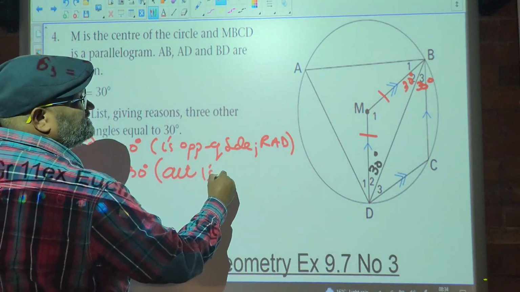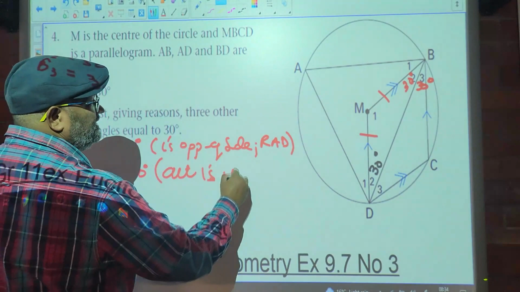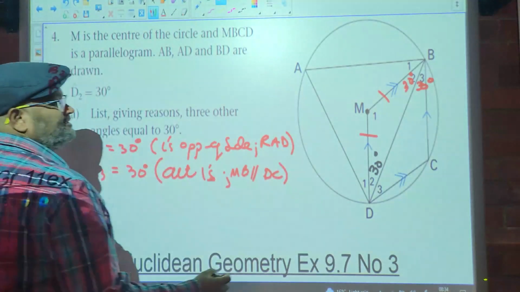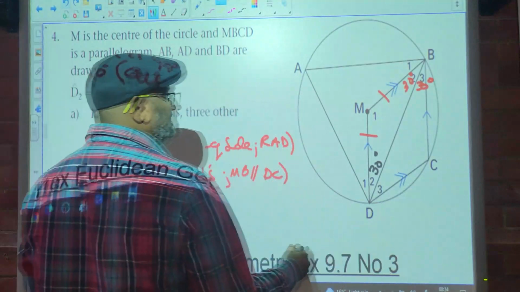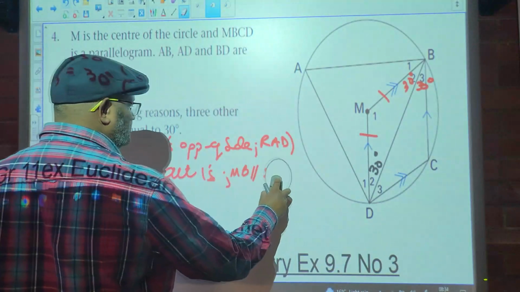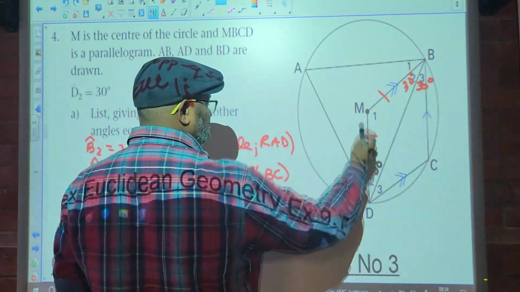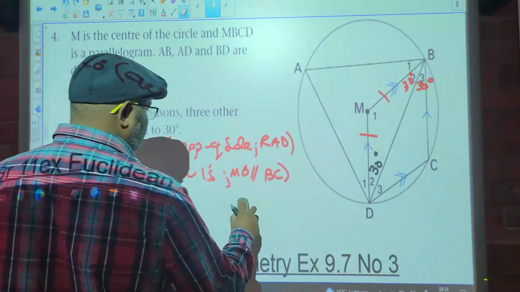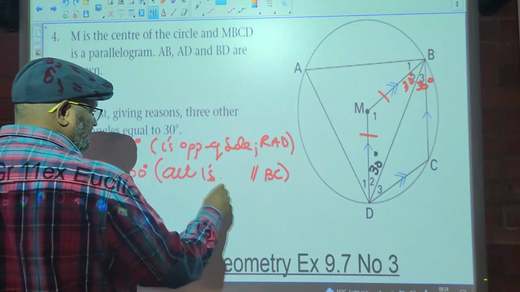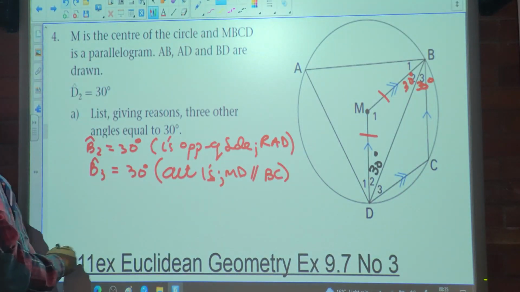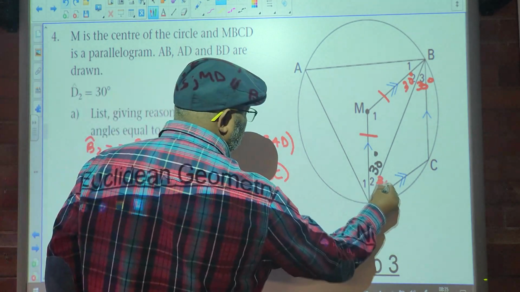Alternate angles with MB being parallel to BC. So it is going this way, so it's MD. And then D3 is also 30.